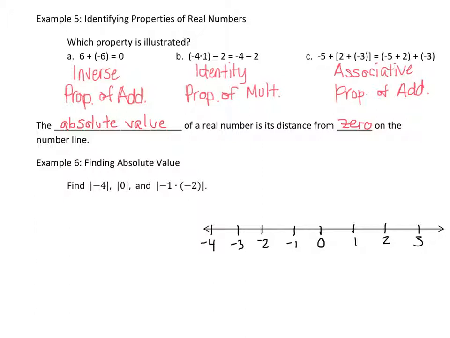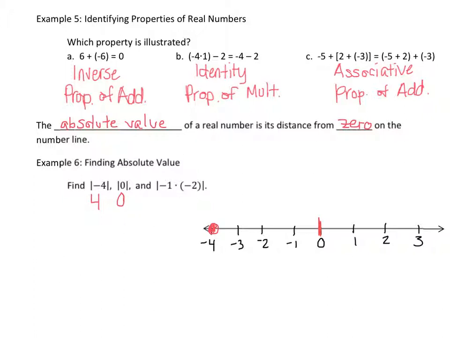So -4, we're going to take that one. Here it is. How far is that from 0? About 1, 2, 3, 4 spots, right? It doesn't matter that it's negative. We're just counting the spots. So the answer is just 4. That's the absolute value of -4. Okay. What about 0? How far is 0 from 0? Not very far. 0. It's right on it.